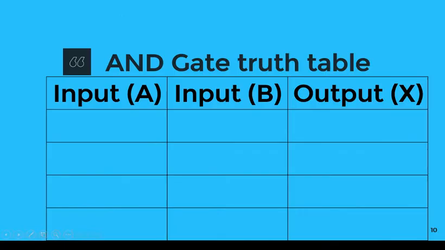Let me start to fill out the table so you can see a visual representation. Starting with input B, we start with a 0, then change to a 1, then change to a 0, and once more change to a 1. Then in our input A column, we start with a 0, keep the 0, then invert to get a 1, and another 1.